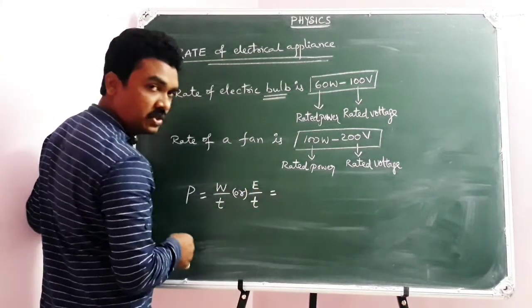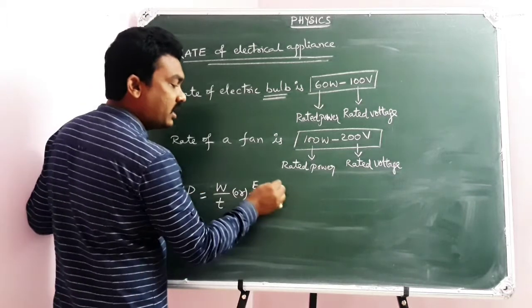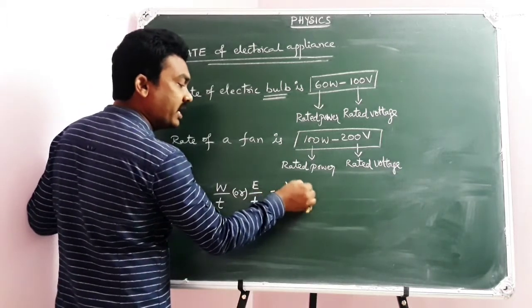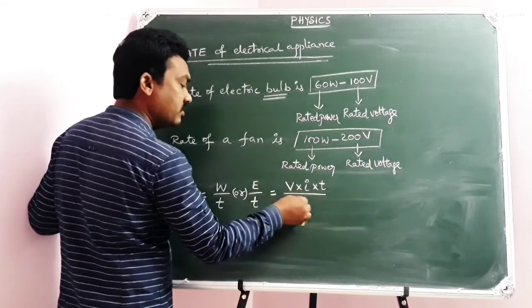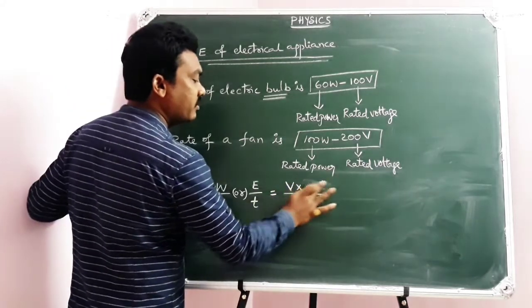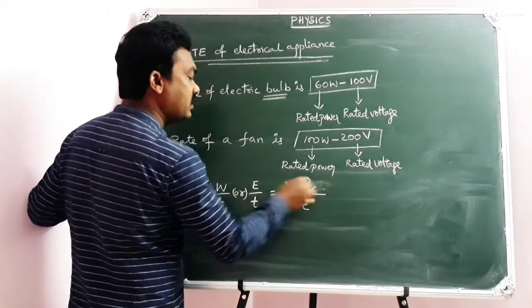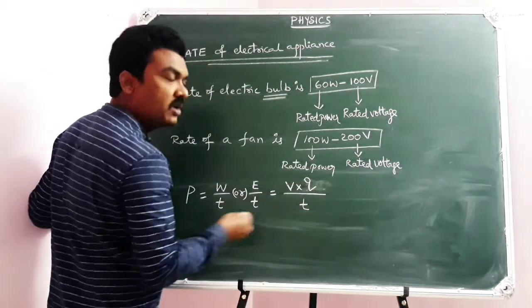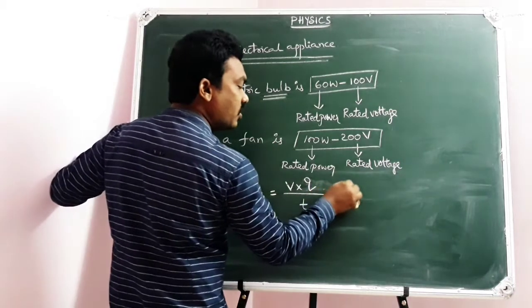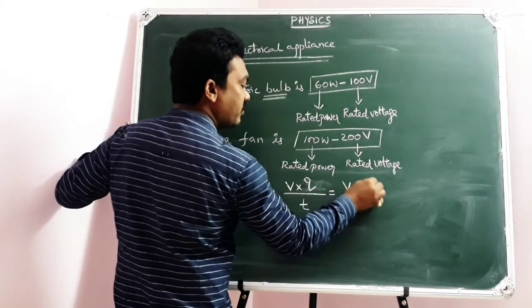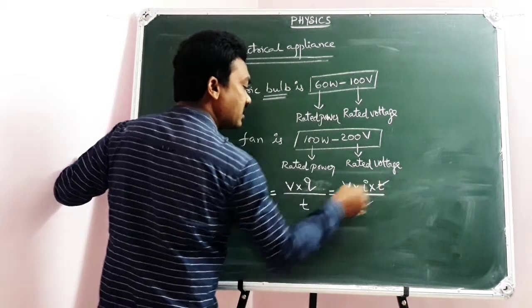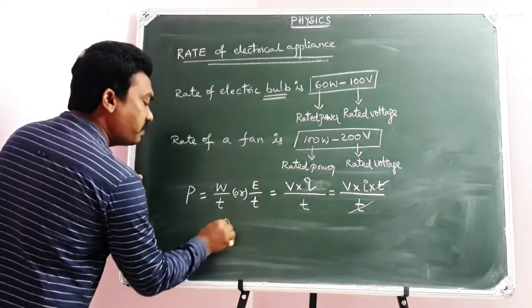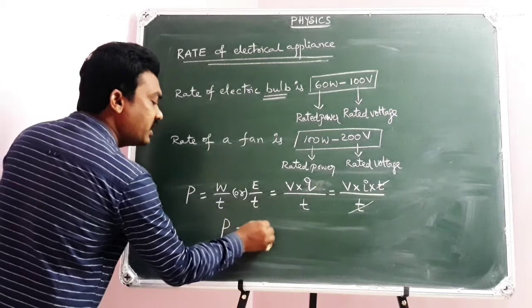This implies that electrical work done W is equal to V into I into T. Sorry, one minute, let me write one more step. W is equal to V into Q. Of course, Q is equal to I into T. I have written an additional step, that's it. Now this T gets cancelled, so that electric power P is equal to V into I.